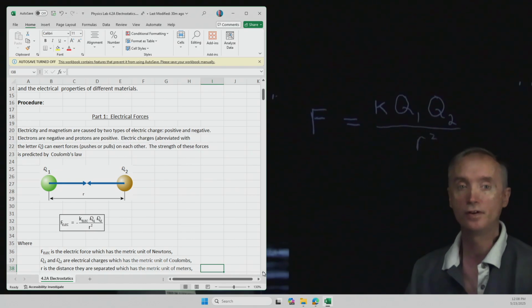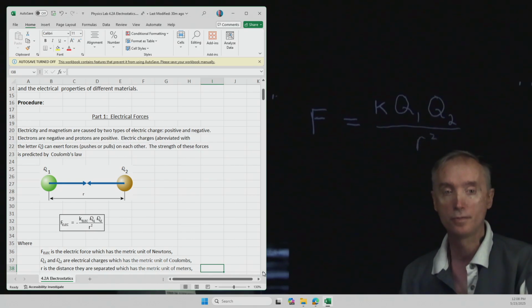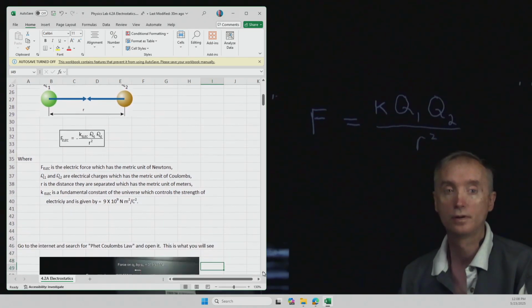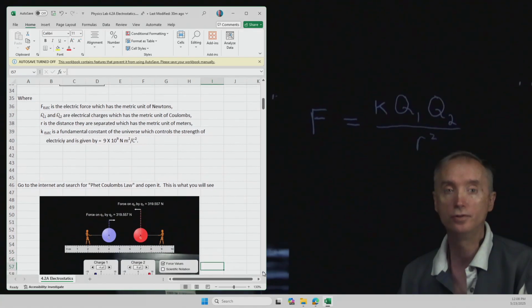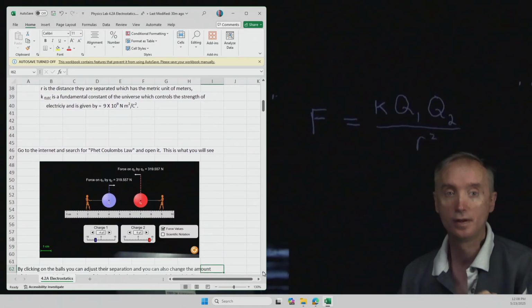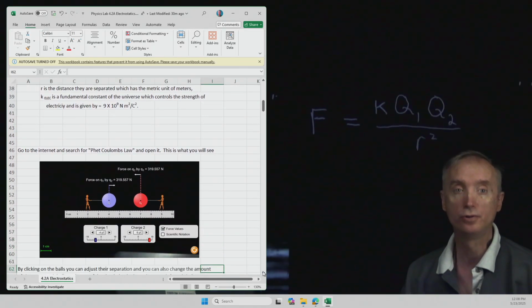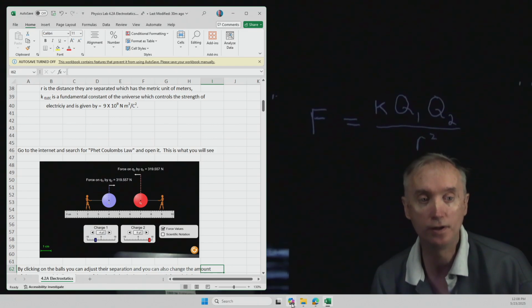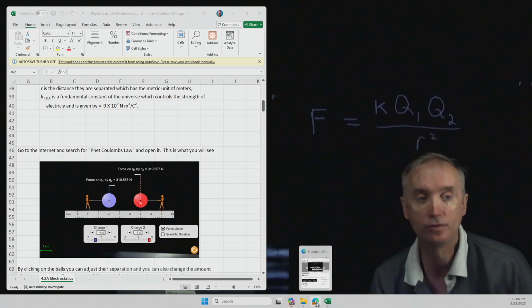So we're going to investigate this law by using a PhET simulation. So you need to go to the internet and then go to Google and then type in PhET Coulomb's law. And so when you do that, let me go to it for you.